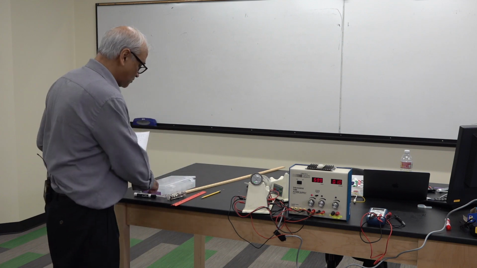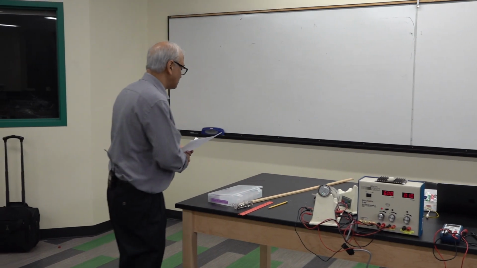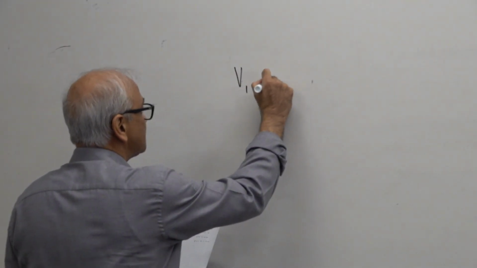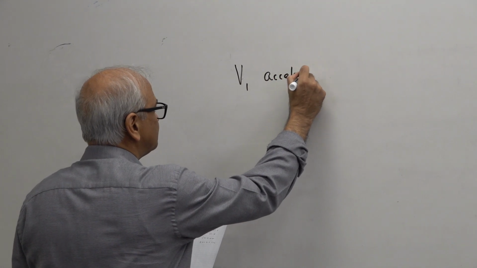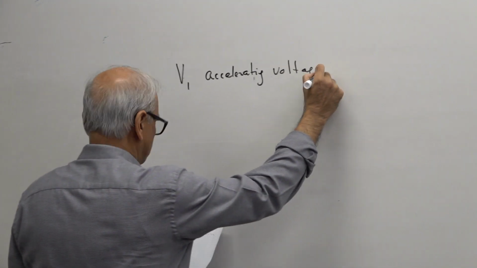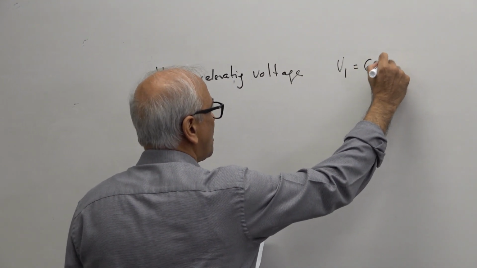So let me go to the board and write this down for you. That will help you in your calculation. So my V1, this is the accelerating voltage, is 601 volts.